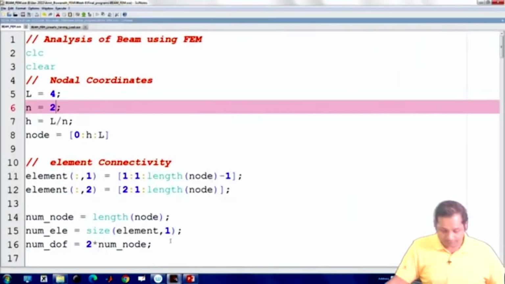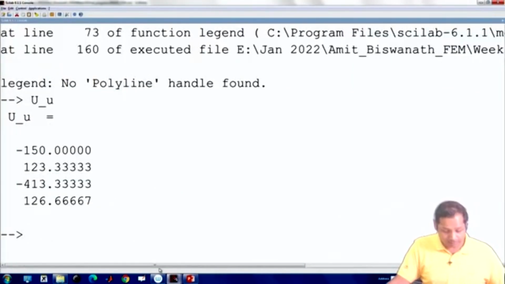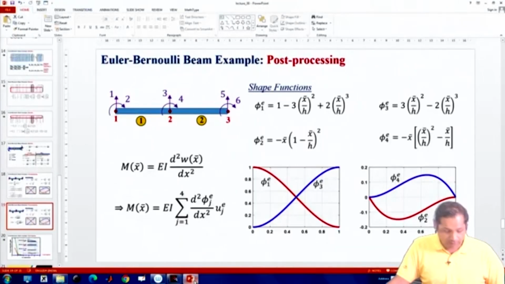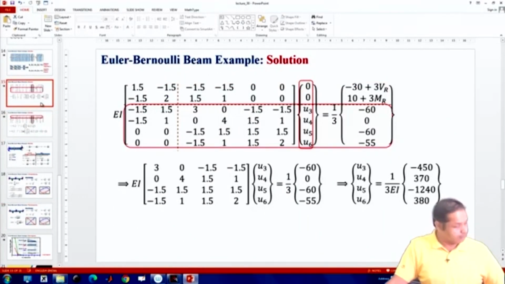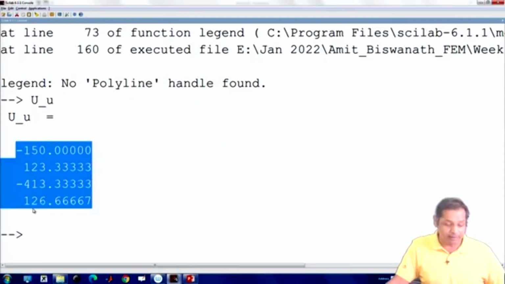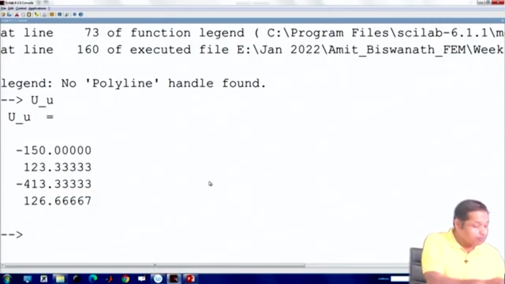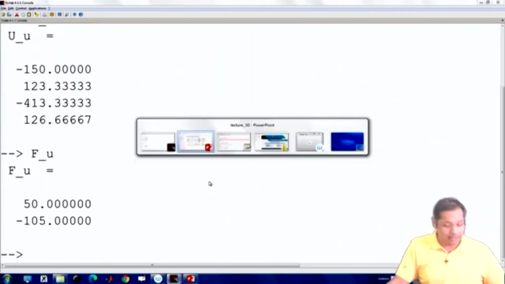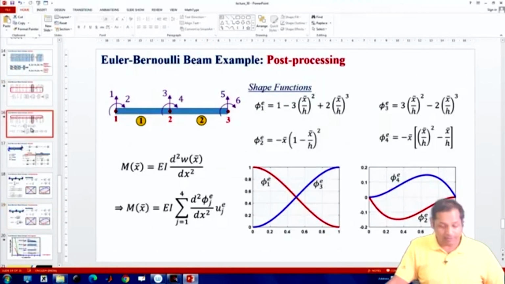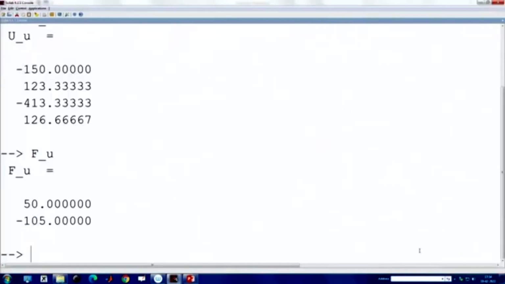Our results are, and this needs to be divided by EI, please mind. And this is our result. If we divide it by 1 by 3, then we will see the degrees of freedom we have. Unknown forces, if you see, the unknown force is 50, and these are the reactions we computed, and the reactions we had already seen, the reaction is 50 and 105. So these are the results. The negative sign depends on how you take the sign of the moment.